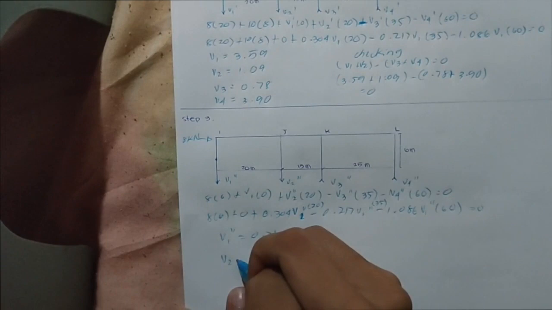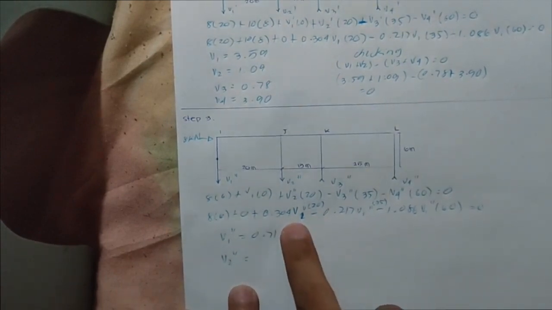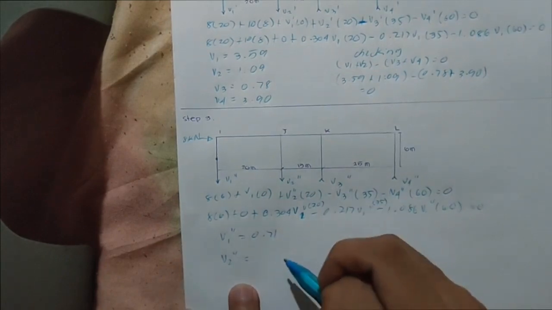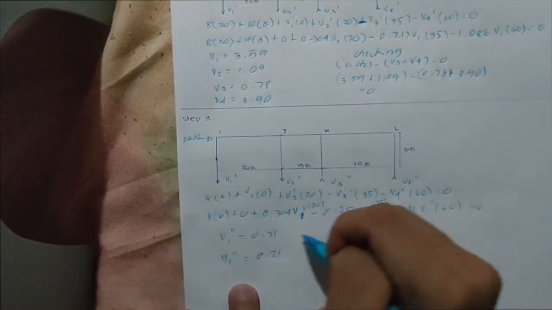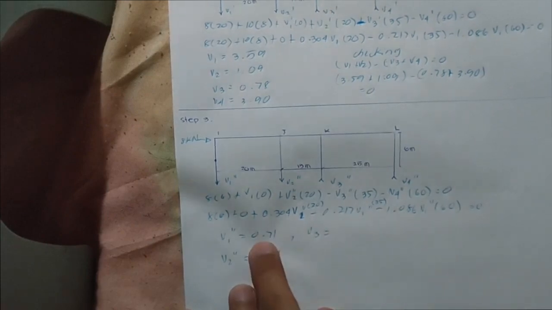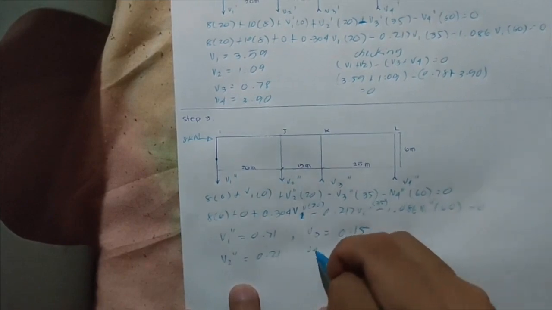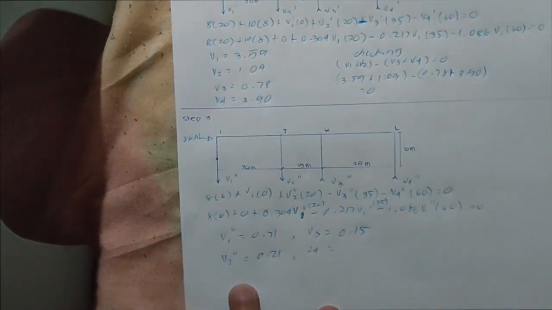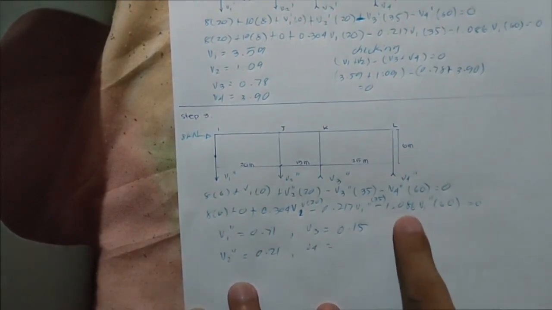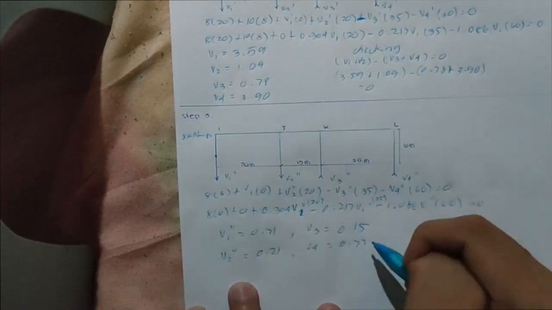Then for V2 second floor, which is 0.304 times 0.71, or 0.21. V3 is 0.217 times 0.71 equals 0.15. Then V4 is equal to 1.086 times 0.71 equals 0.77.